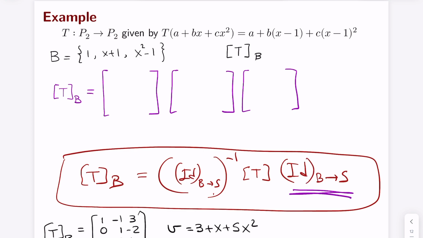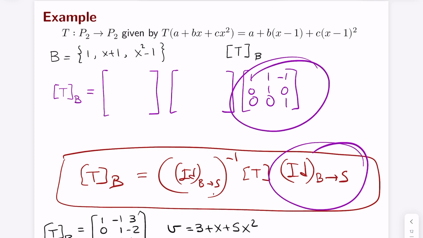Let's start by filling up this one. So let's take the base B, which is this base, and write it in the standard form. I mean, just write it as they are. So the first one is going to be just 1, 0, 0. The second one is 1, 1, 0. And the third one is minus 1, 0, 1.